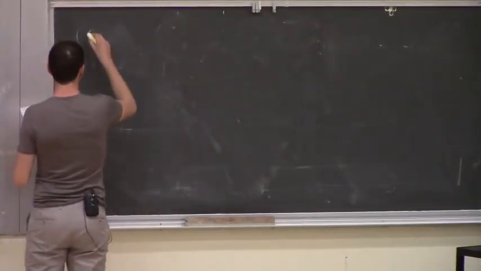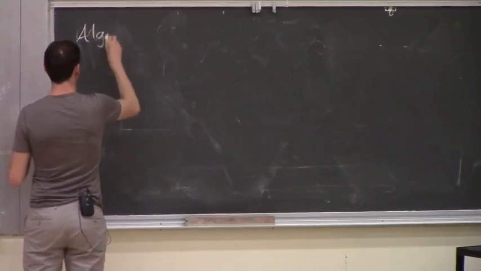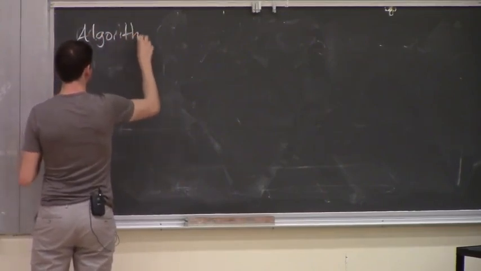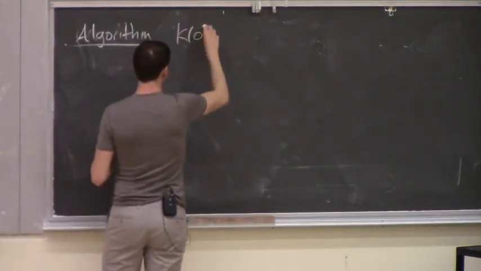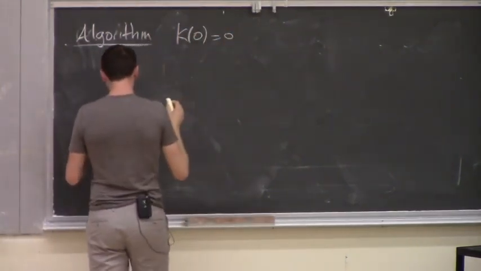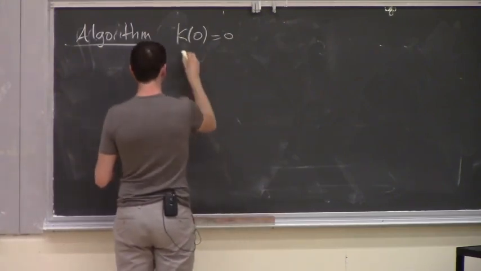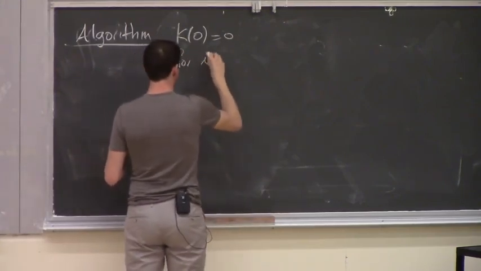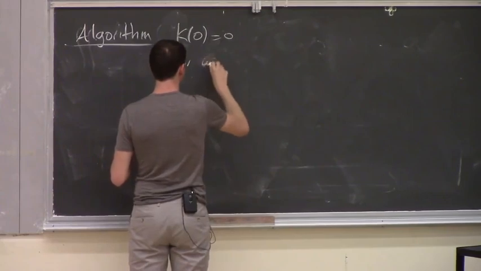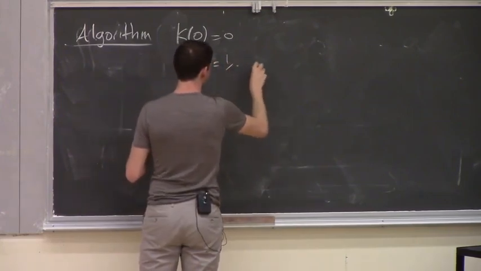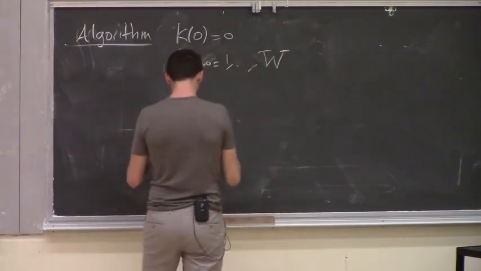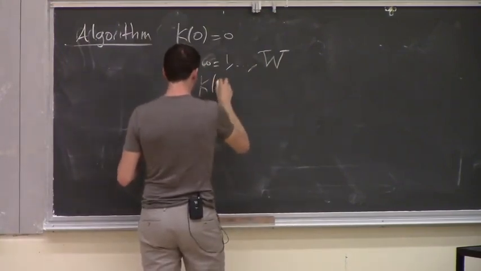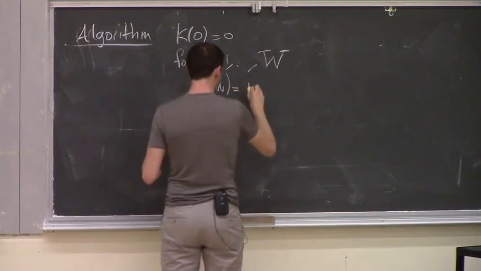So the algorithm implied by the recursion: you say, OK, set K of 0 to be 0. And then for little w going from 1 to big W, we're going to now literally compute this expression.